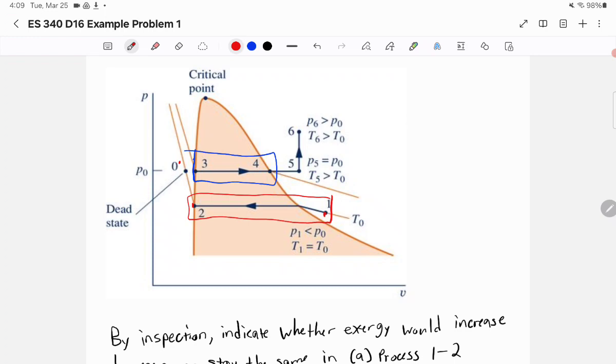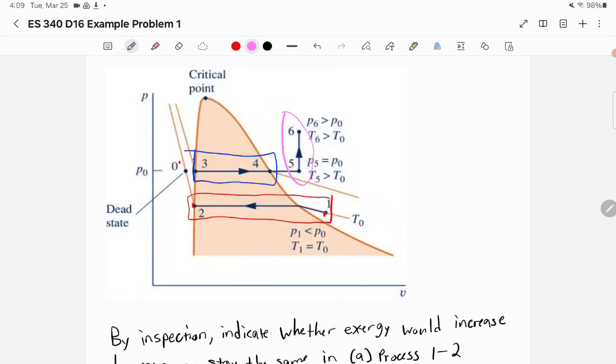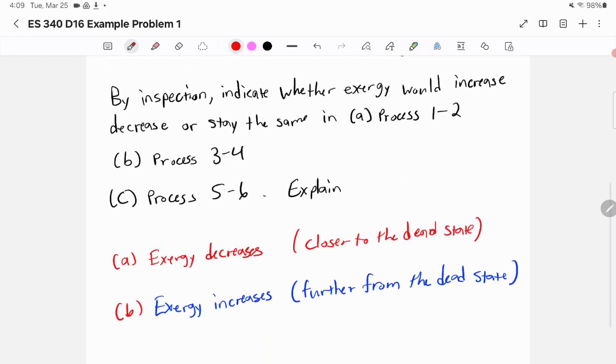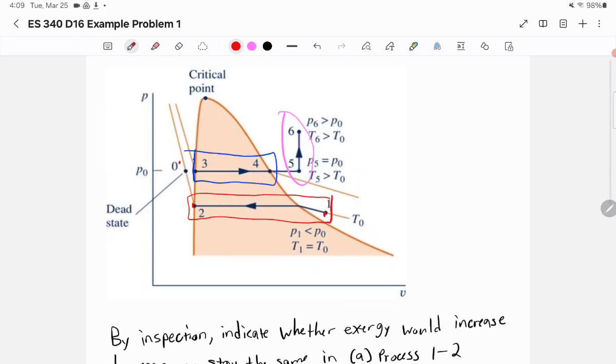And then the final one: I'll just come down here and write C. Again, I can see that going from 5 to 6, both the pressure and the temperature increased.